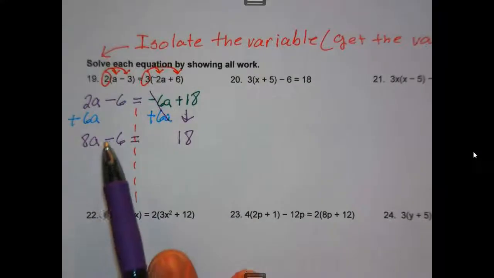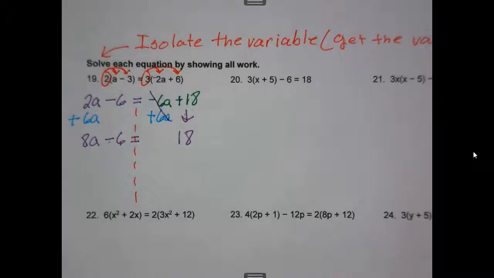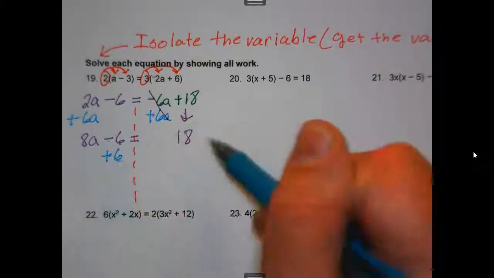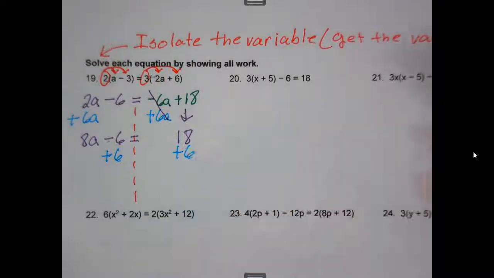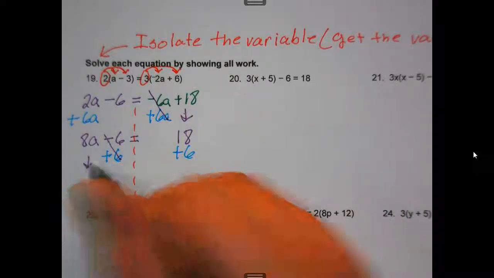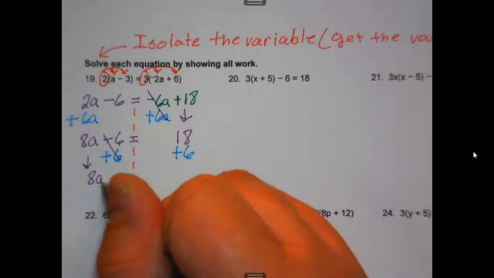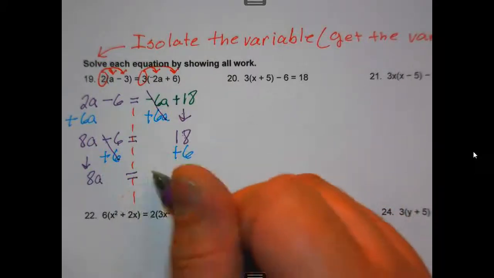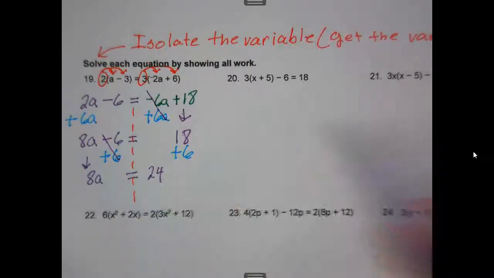Okay, I want to get my 6 to the other side, so I'm going to add 6 to both sides. These add up to 0. I get my 8a. And 18 plus 6, 24.